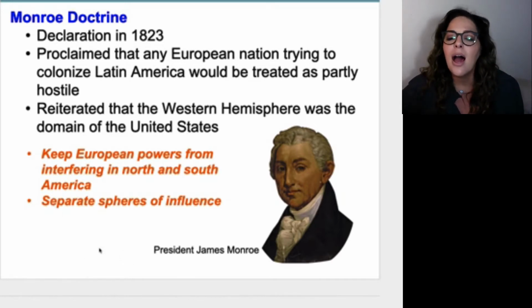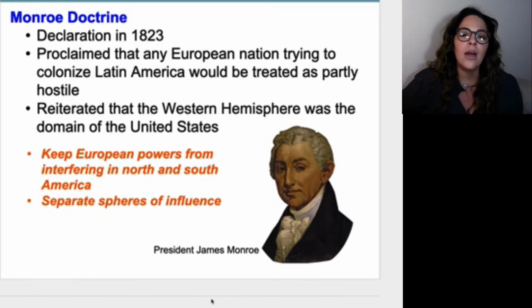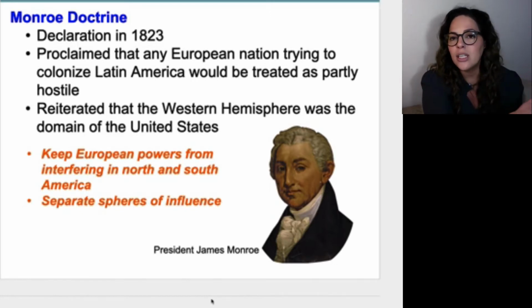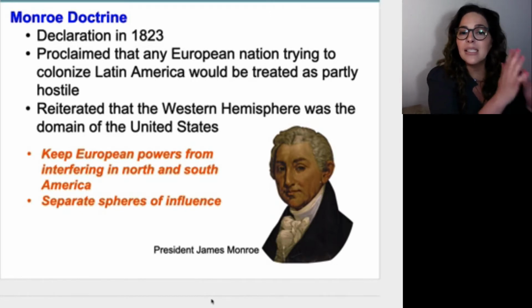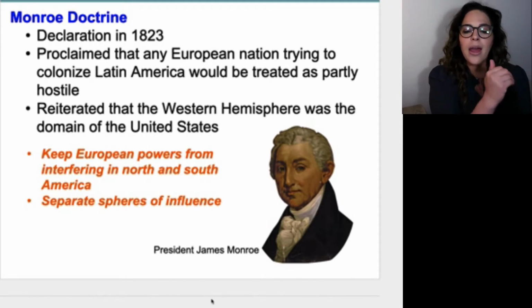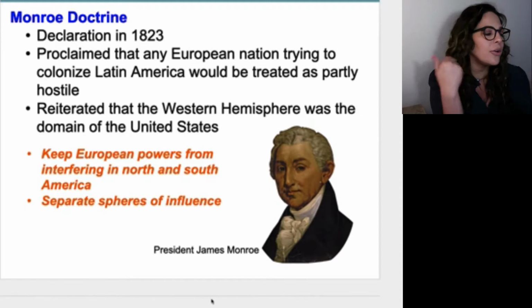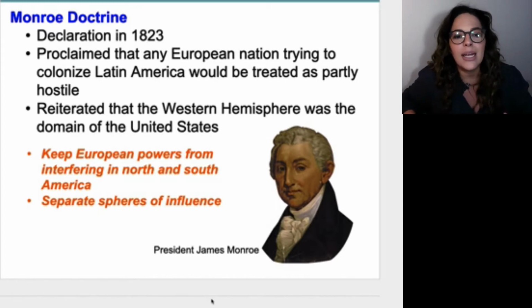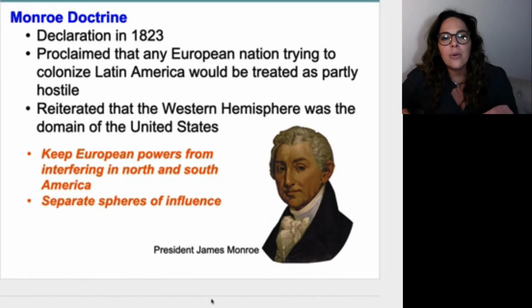So anyways, under President James Monroe, he makes his declaration in 1823 that basically says that the United States is going to stay out of European affairs, in part because with these European countries it's been war after war after war, and the U.S. does not want to get involved with that. So in other words, what we're talking about here is isolationism.